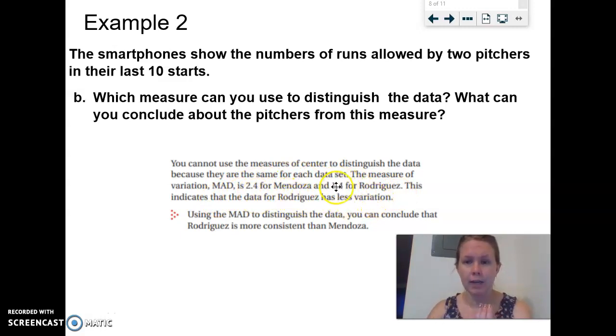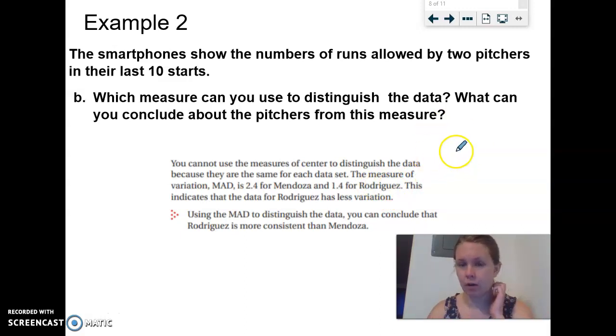So that's what I was saying. The smaller the number is, the closer your data is going to be, and it's not going to be as spread out or as varied, I guess is how you would say that. So it shows that there's less variation. In a sense, you could almost say that Rodriguez is more consistent because it's not as spread out.